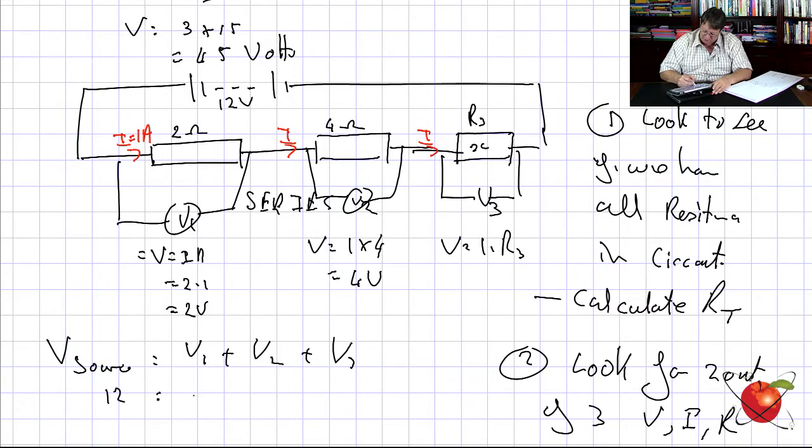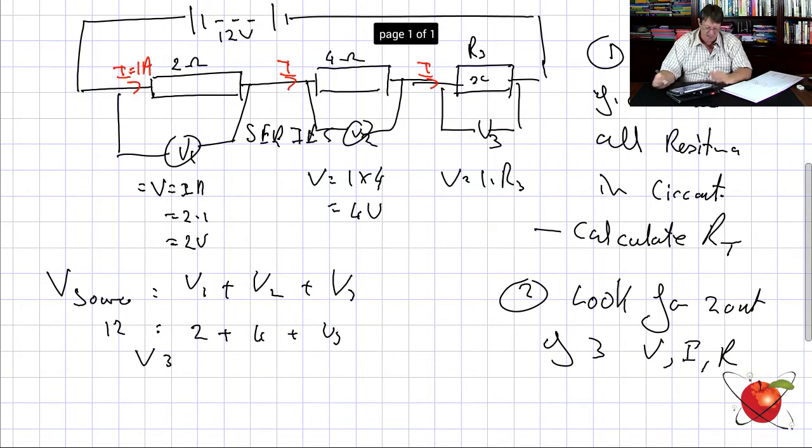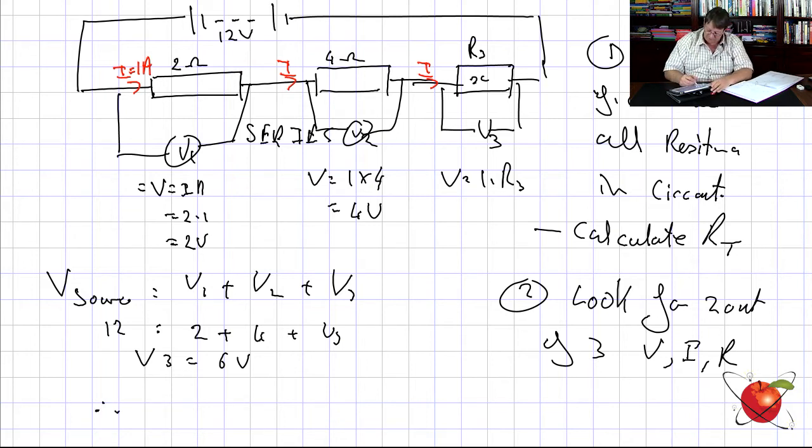So the V source, 12, must be equal to 2 plus 4 plus V3, and you can now work out V3 as being 6 volts. I think I'm right. Yep, 6 volts. So now I can say V3 is 6 volts.